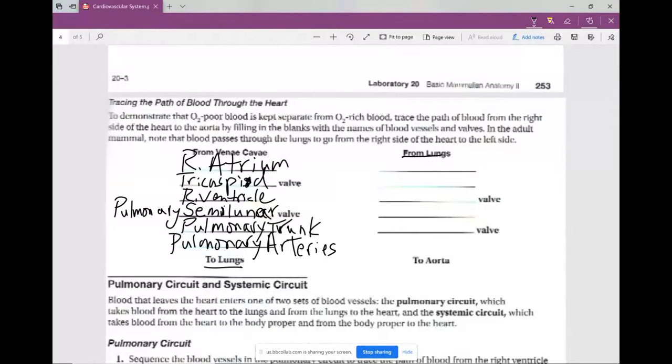And then from the lungs, it comes back through the pulmonary veins. Remember, veins take blood to the heart. And enters the left atrium.